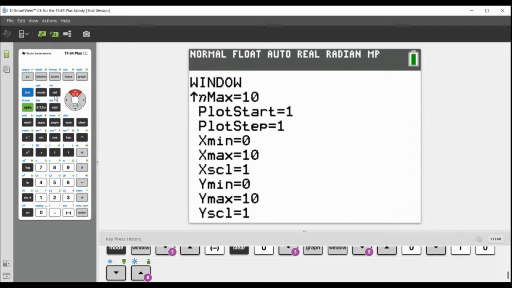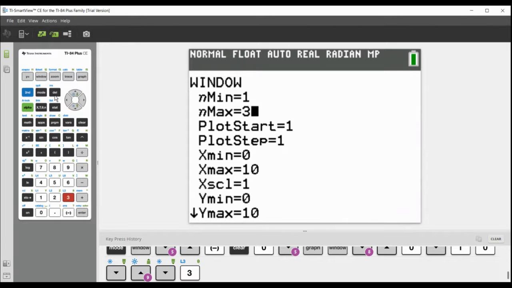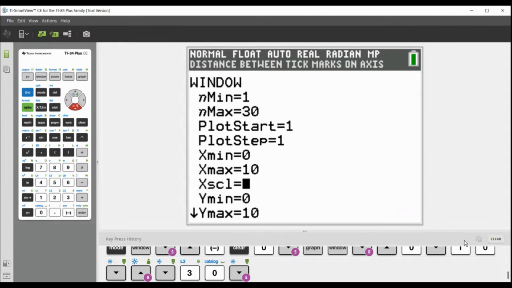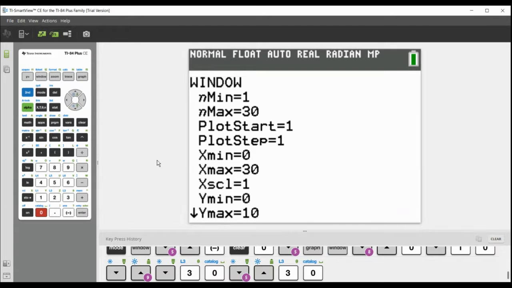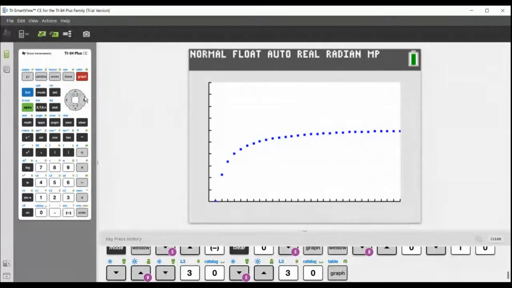Why don't I graph 30 terms of the sequence? That means x max should go to 30, if I want to see every value of the sequence. So I'm plotting 30 terms. Let's hit graph. Okay, that's pretty good.